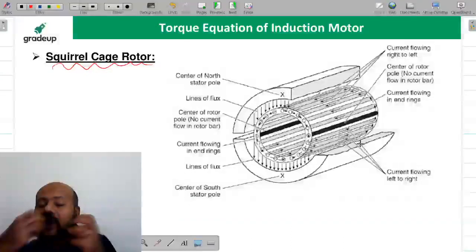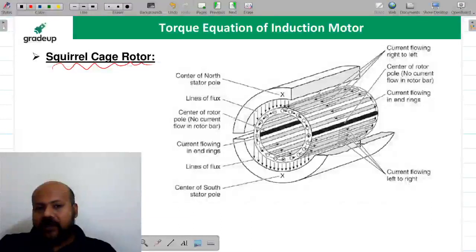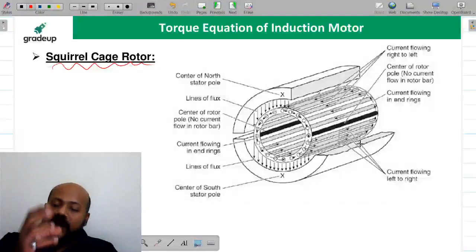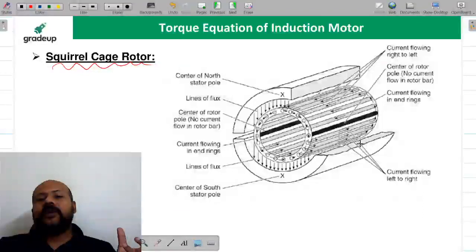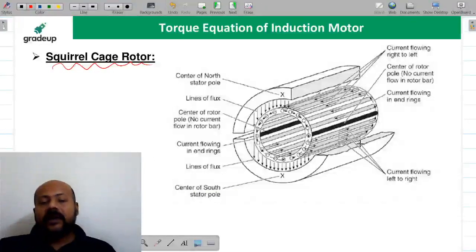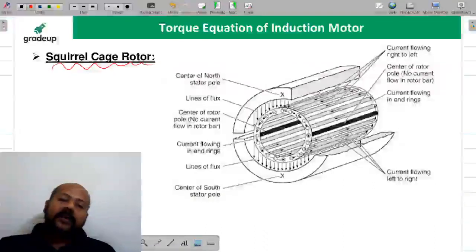It means because of induction and rotation, both the things, you want more reactive power from the supply to establish this induction and rotation. That is why the no load component of the current, majority of that is nothing but magnetizing current, that is 25 to 30% of the full load current.